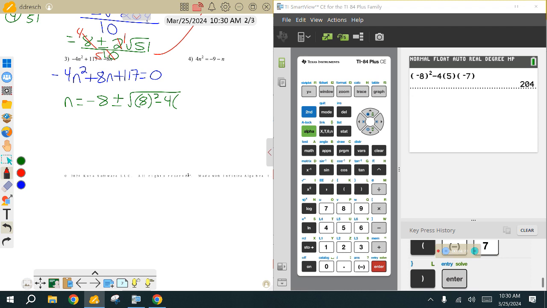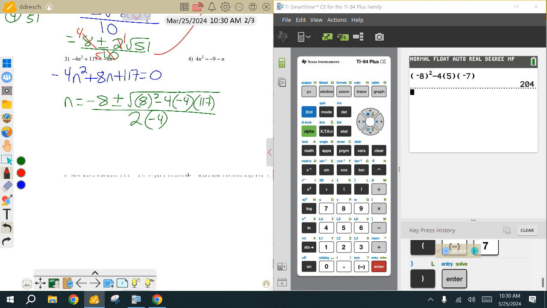A is what? Negative 4. What do we lock in c as? 117. Absolutely. All that divided by what? 2 times, yep, negative 4. Now, would you like to try to factor this with 117 out there? No. That's where the quadratic formula is nice, because your calculator is your buddy there.